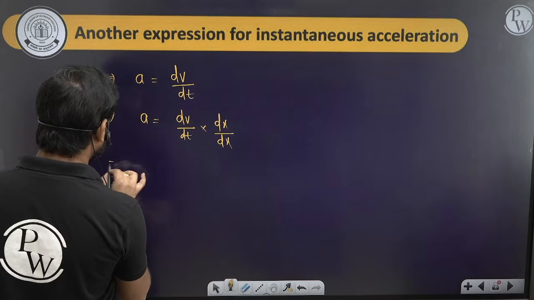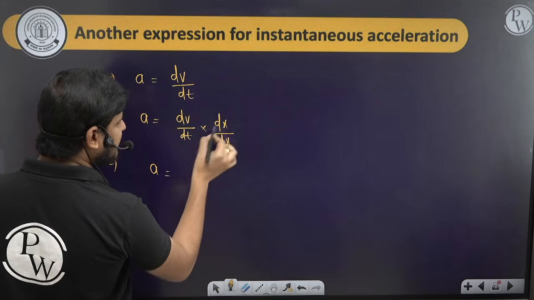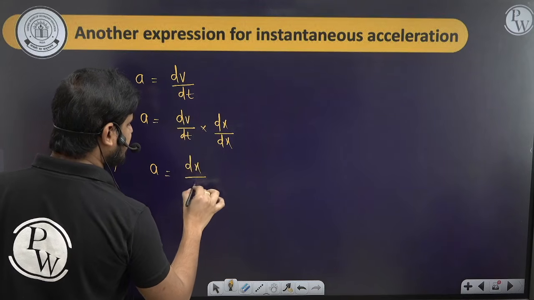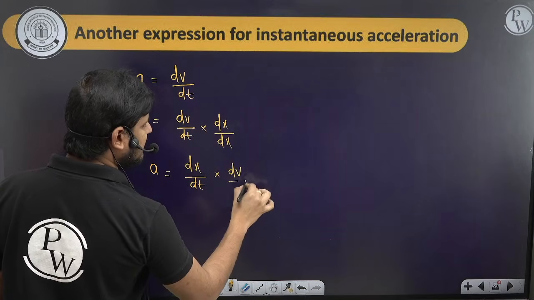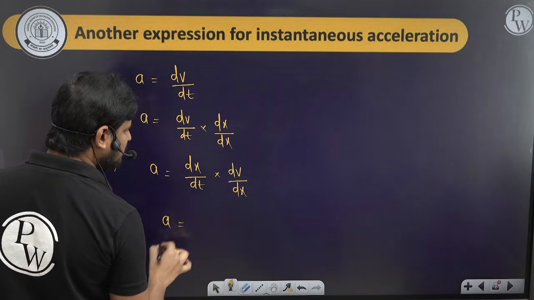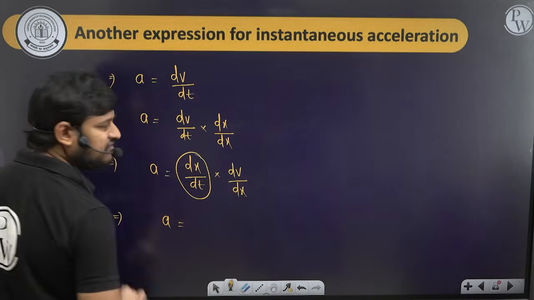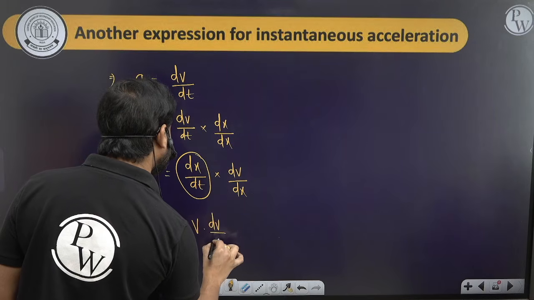Let's rearrange the terms here. Let's write dx by dt into dv by dx. Then the acceleration will be equal to, dx by dt is nothing but velocity. So the velocity times dv by dx.